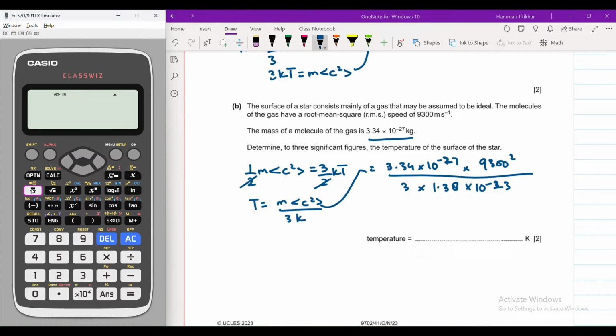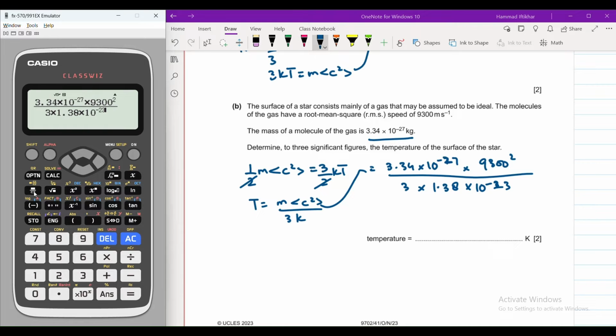Okay, so let's calculate this. 3.34, sorry, 3.34 times 10 raised to power minus 27 times 9300 squared divided by 3 times 1.38 times 10 raised to power minus 23.